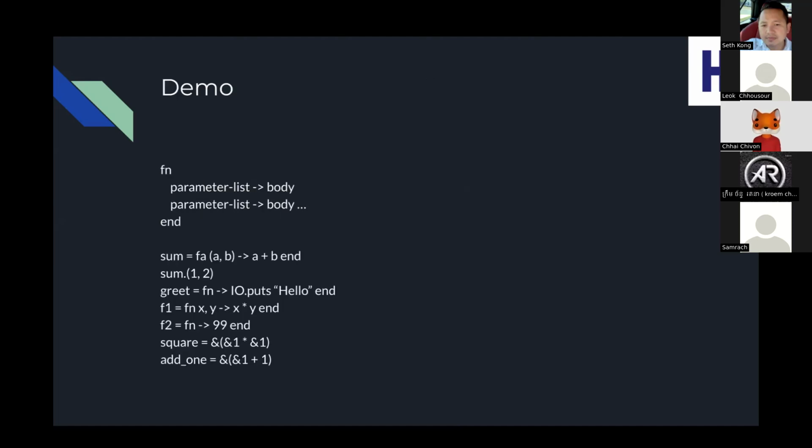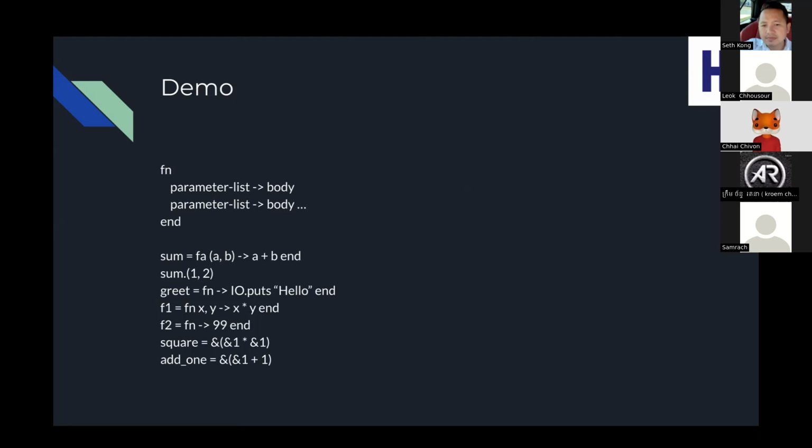Okay, let's take a look at a demo. When we define a function, you can use the keyword fn and then close it with the word end. And then you can have multiple parameter lists, and then you define the body of your function, what you do. The parameter list is the input list, and what you do with the input is what we call the body.